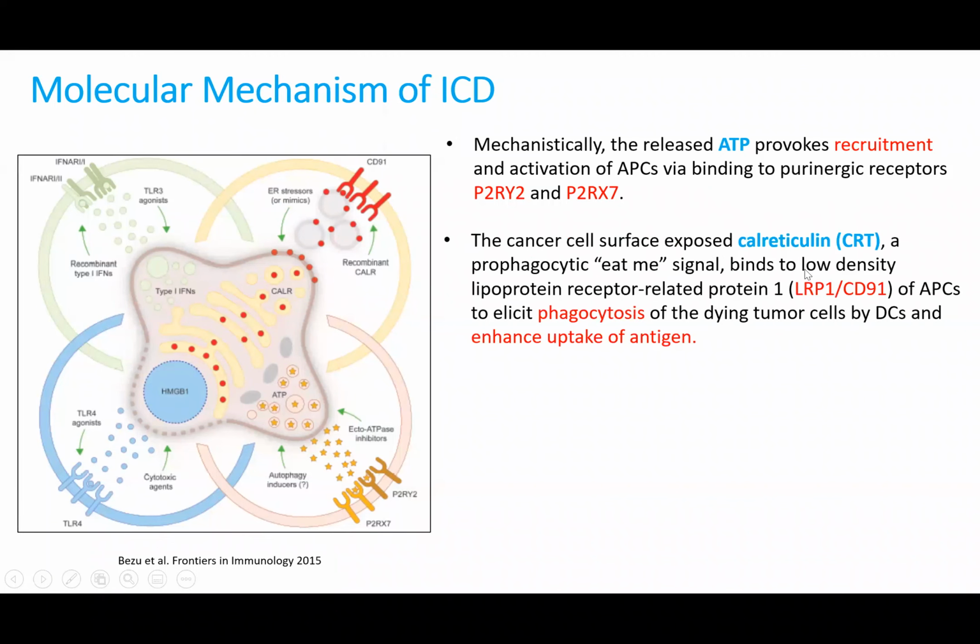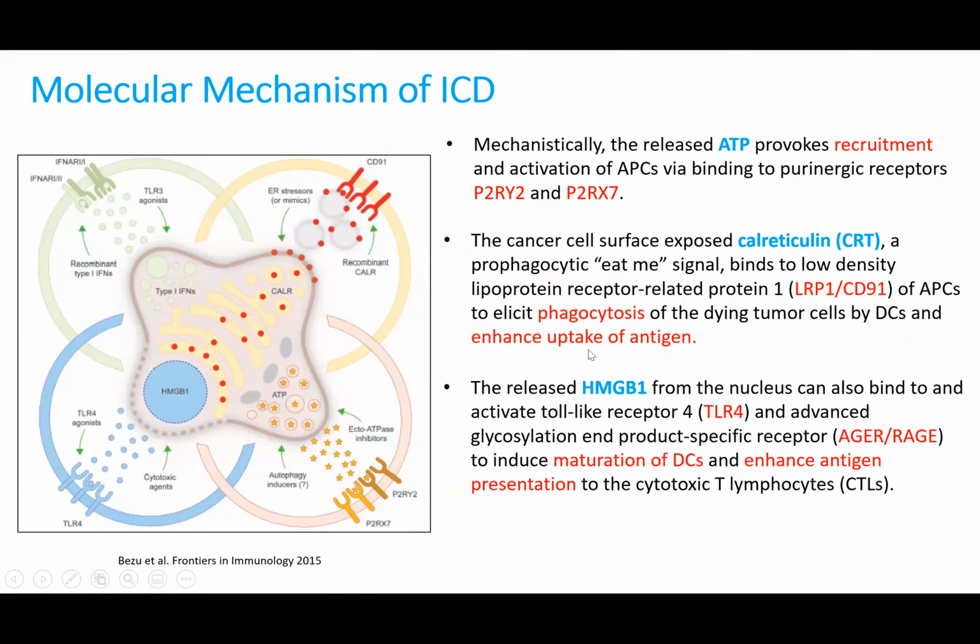Also, the surface-exposed protein calreticulin will bind to the complementary low-density lipoprotein receptor-related protein 1, or what's called CD91, on the antigen-presenting cells to enhance the phagocytosis of dying tumor cells by dendritic cells and enhance antigen uptake.